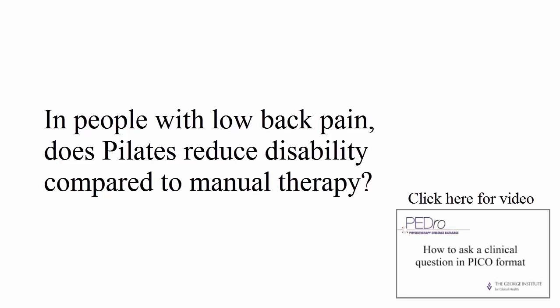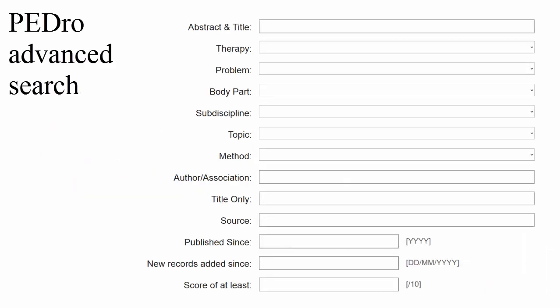More detail on how to ask clinical questions using a PICO format is available by clicking this link to the PEDro How to Ask a Clinical Question in PICO Format video. The second strategy to improve your searching is to use the PEDro Advanced Search interface instead of the simple search interface.